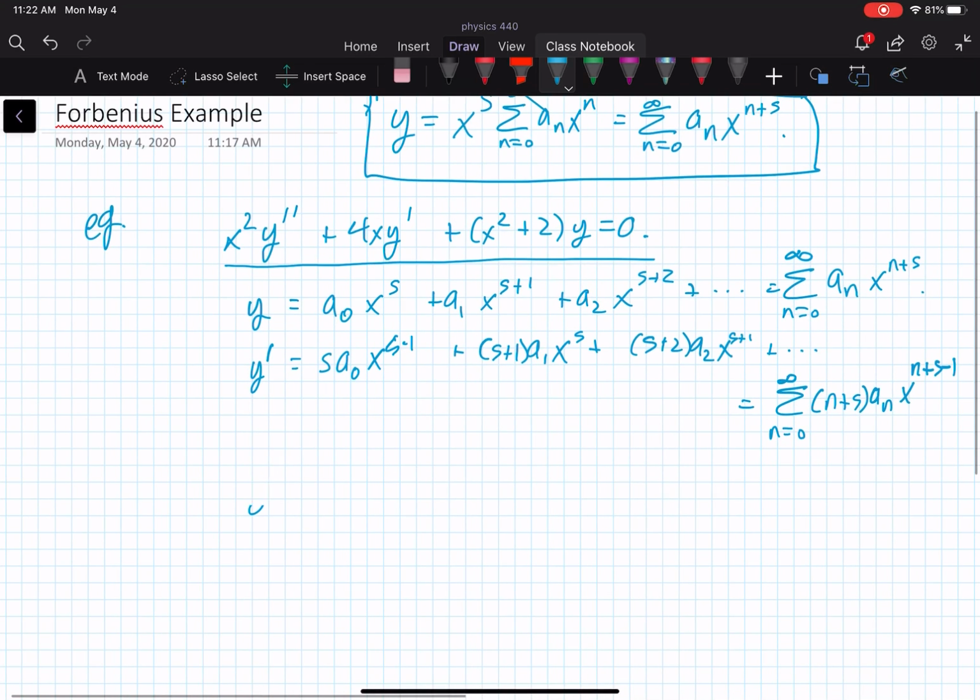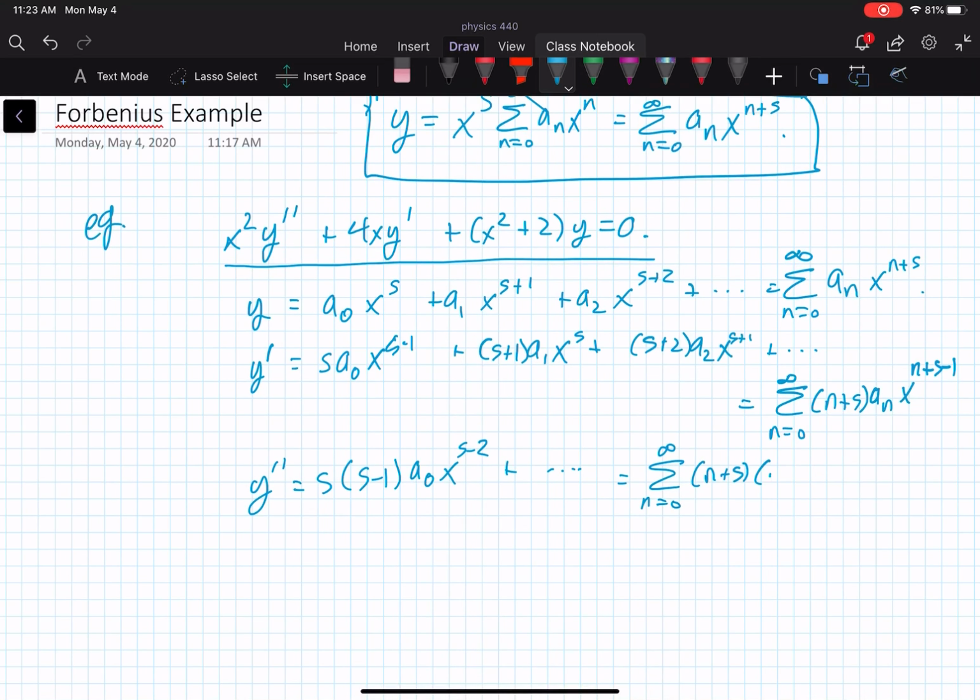And then finally, y double prime is going to be s times s minus 1, a naught x to the s minus 2, plus, and you get the idea, this will be equal to the sum from n equals 0 to infinity of n plus s times n plus s minus 1 times a sub n times x to the n plus s minus 2.